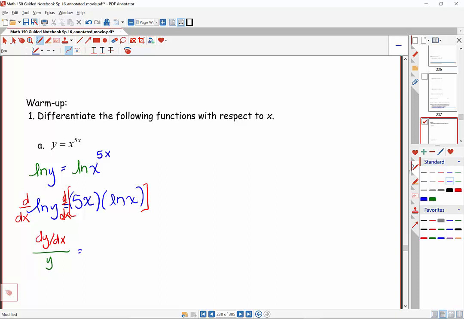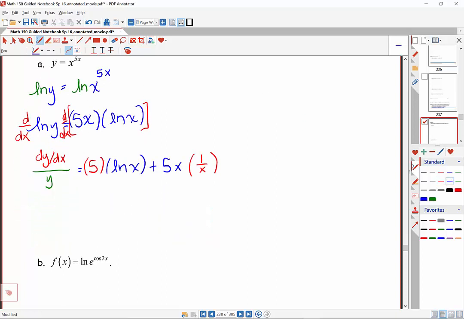Awesome, you've got a product. So you're going to be differentiating the first one with respect to x, and you get 5, and then you multiply that by that second factor, right? And then the second part, we will be differentiating natural log of x, and we'll get 1 over x.